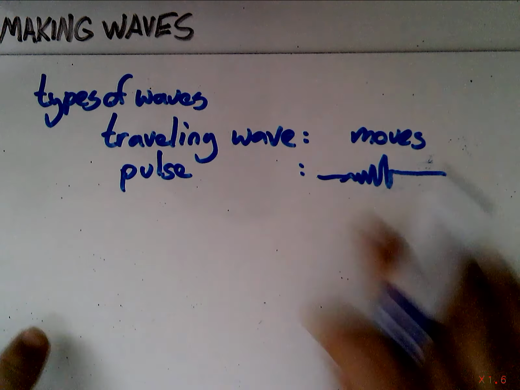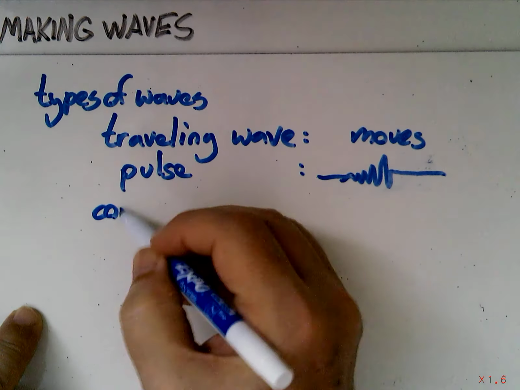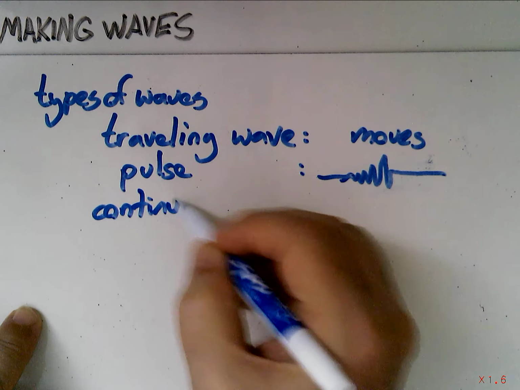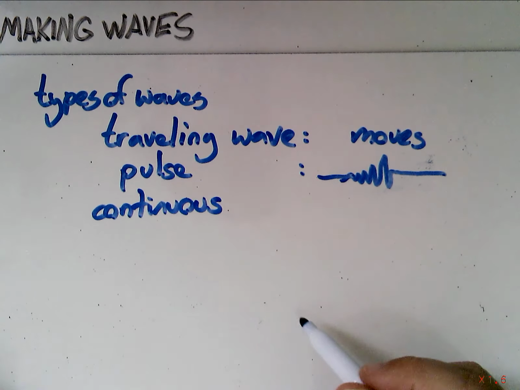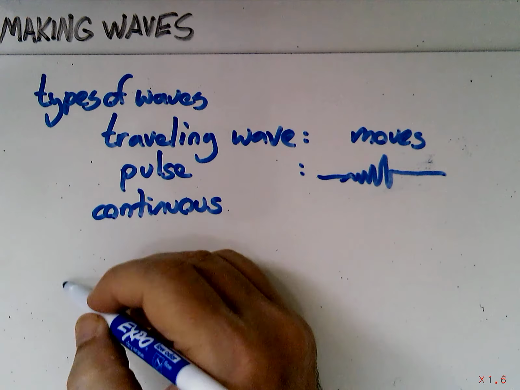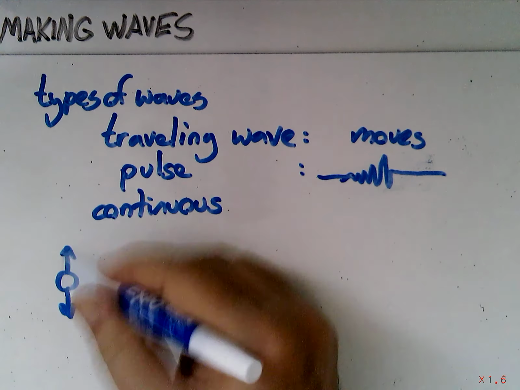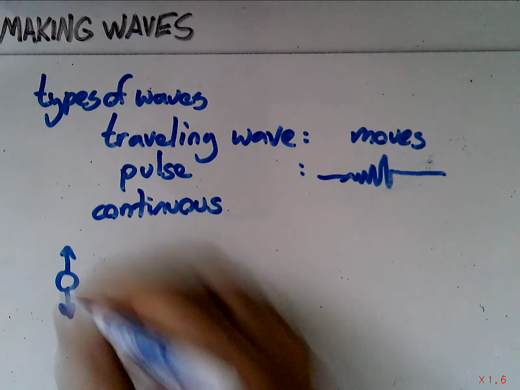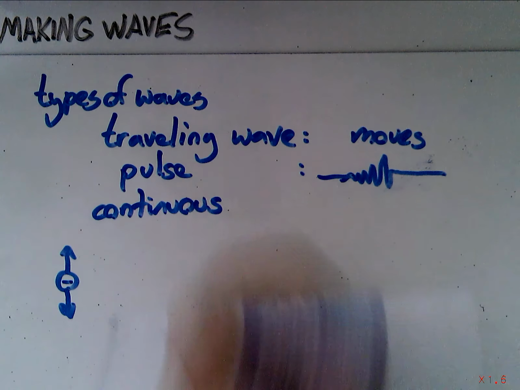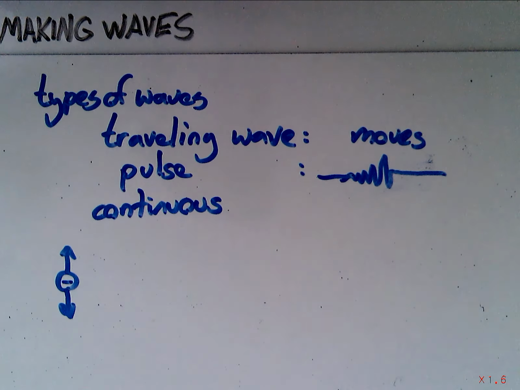Now, you can have a continuous wave. So suppose you had been bouncing up and down, both ways. So you're going up and down like this. Then suppose this is, just for something different than a water wave, an electron.